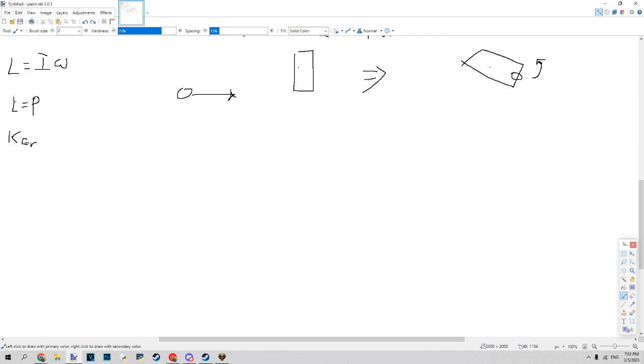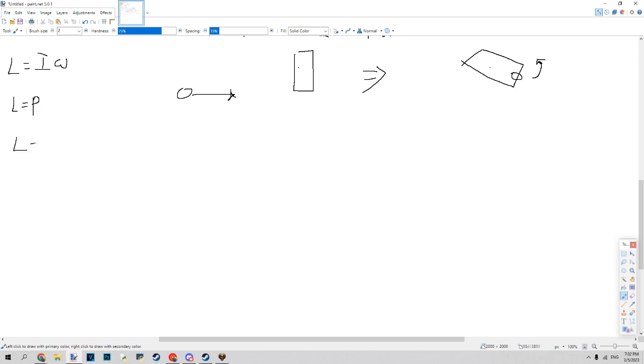Rotational momentum and linear momentum have different units. So you can't just set them equal to each other like that. Which means that we need to find a way to make our linear momentum into rotational momentum.